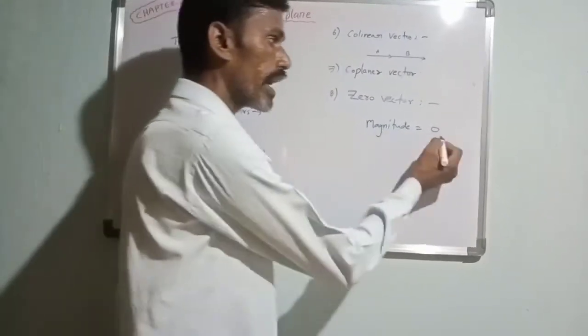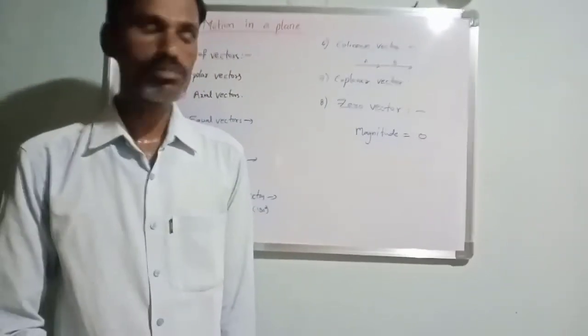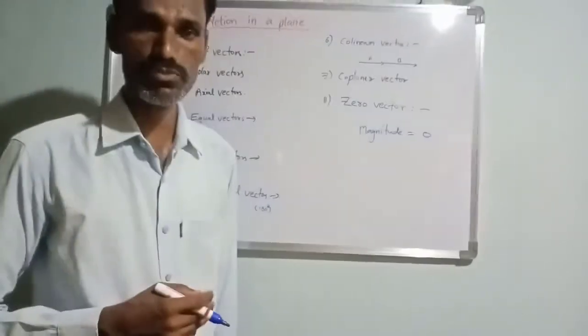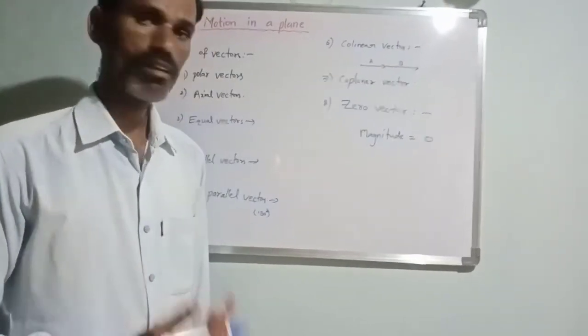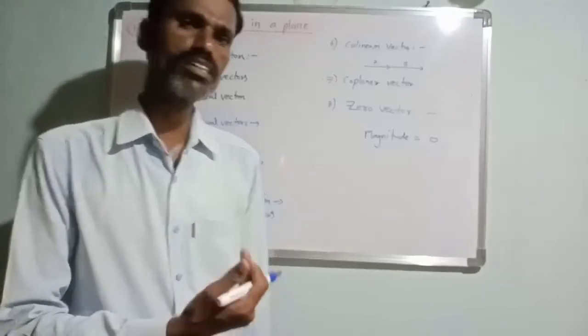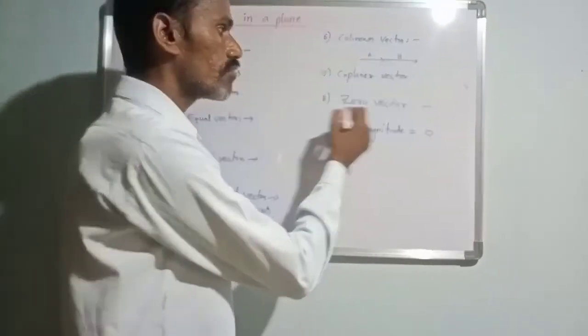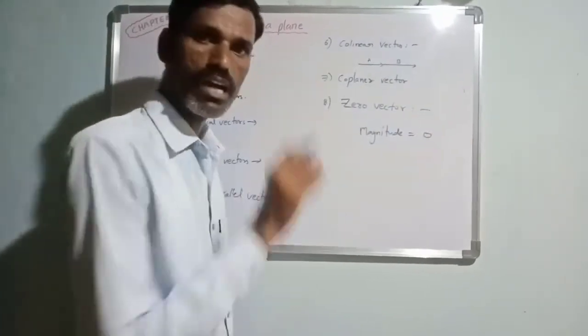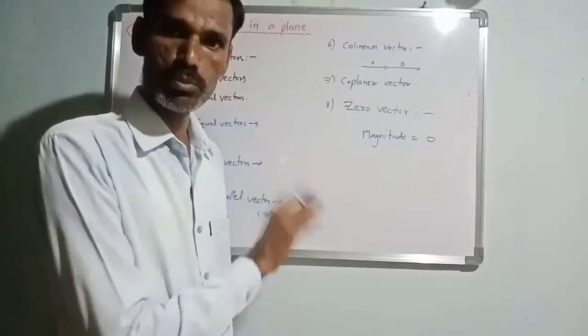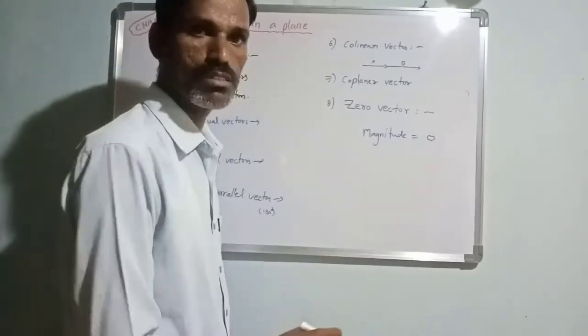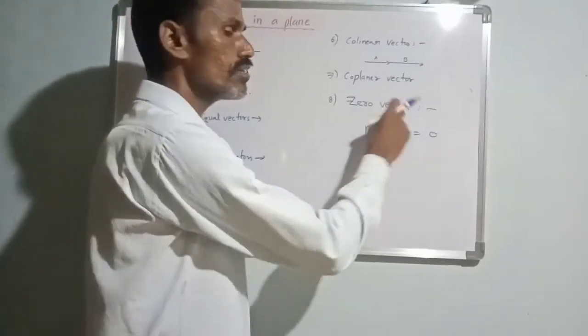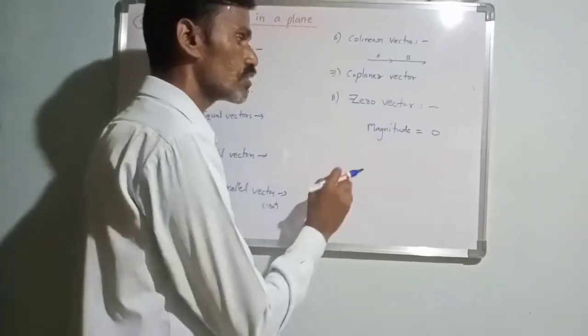Here the magnitude is 0, but the direction is not specified; it is arbitrary, any direction we take. But the direction is not 0. A vector must have a direction, but here the direction is not specified and the magnitude is 0. Whenever the magnitude of a vector is 0, the vector is said to be a zero vector.